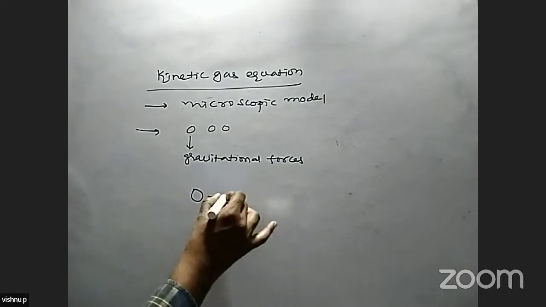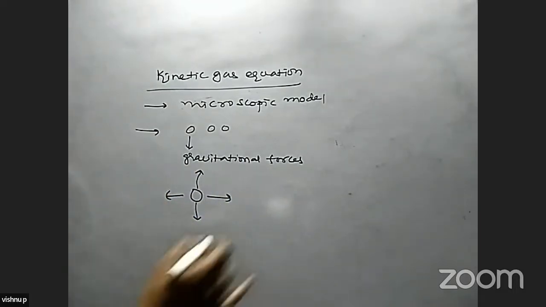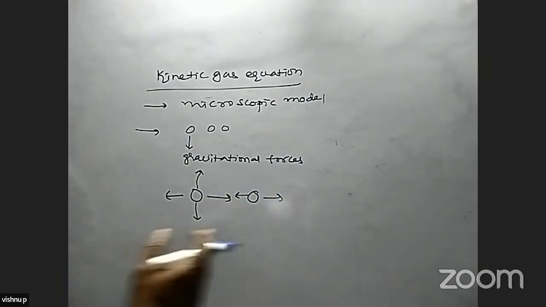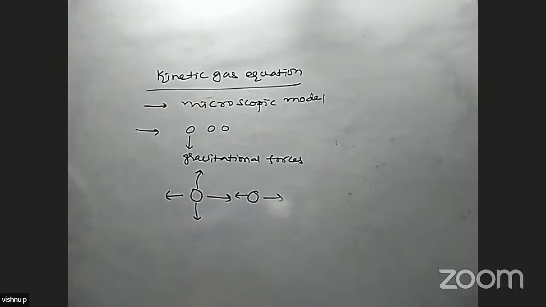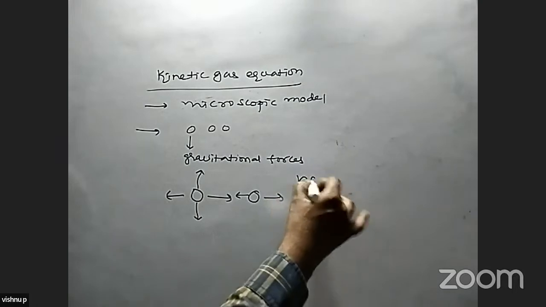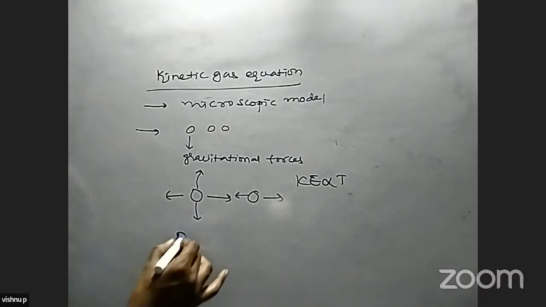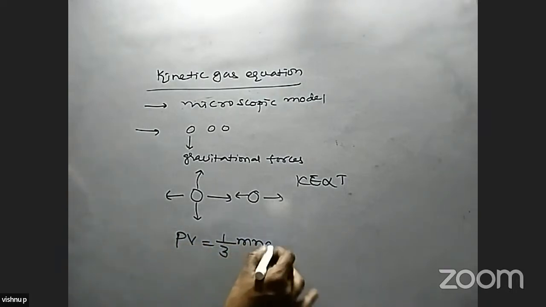Gas molecules randomly move in all directions in straight lines, and gas molecules collide with each other. In these collisions, energy is transferred, but the total energy is always constant, and kinetic energy is directly proportional to the temperature of the gas. So this is the kinetic gas equation, and according to Maxwell-Boltzmann, PV is equal to 1 by 3 mnc square.